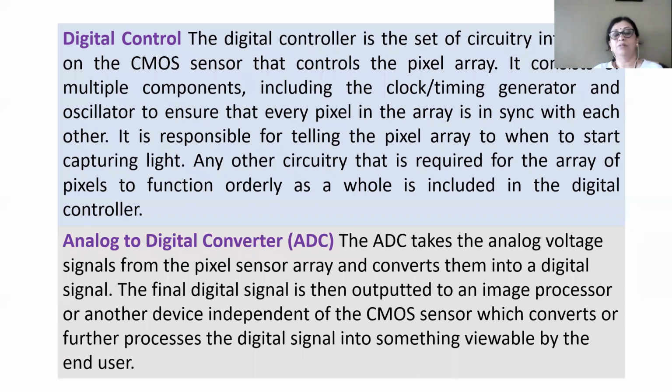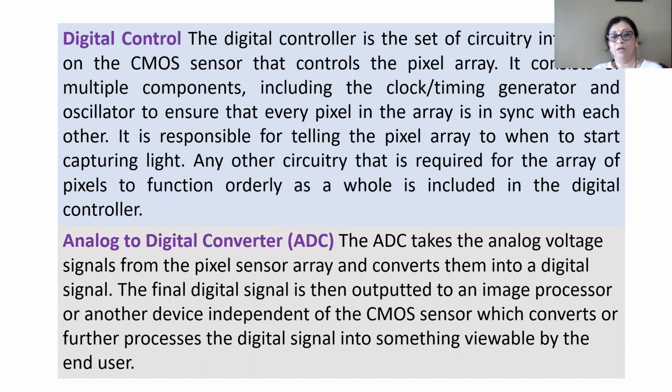So for this purpose, a clock generator is required and a circuit to control its motion in the vertical direction as well as the horizontal direction. These two functions are carried out by the digital control. The digital control is also responsible for telling the pixel array when to start capturing light, when to shift the charge, etc. All these functions are carried out by the digital controller, which is integrated into the image sensor.